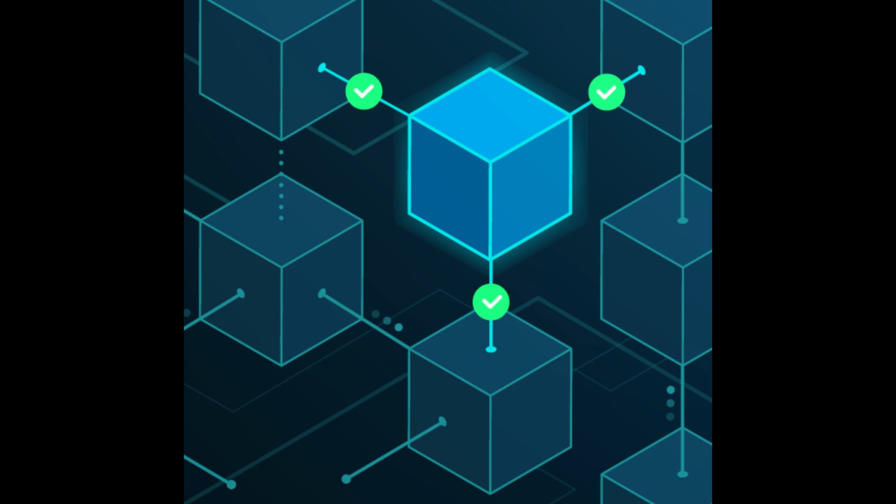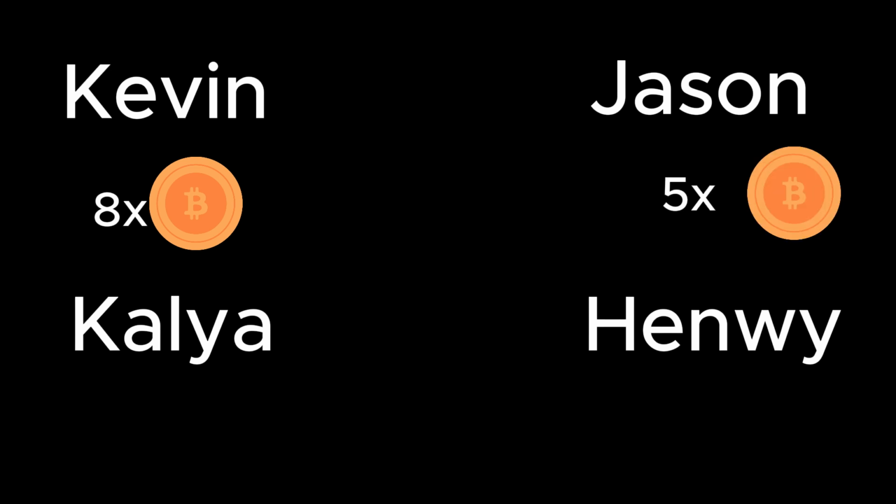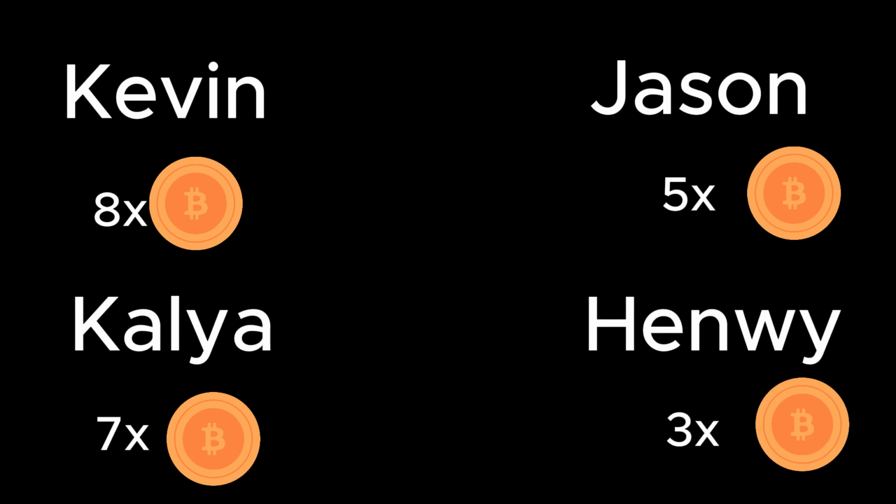than before. So for the process of the blockchain, I'm going to give you an example. Kevin, Jason, Carl, and Henry create their own blockchain to track their Bitcoin transactions. Kevin has 8 Bitcoin, Jason owns 5 Bitcoin, Carl owns 7 Bitcoin, and lastly Henry owns 3 Bitcoin.